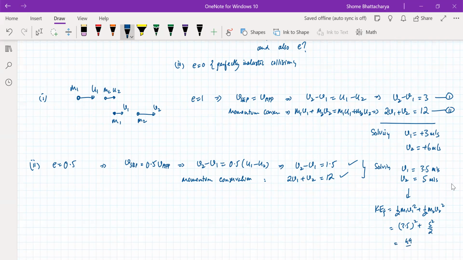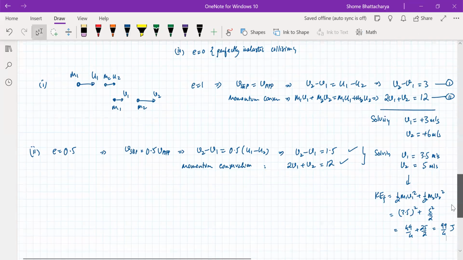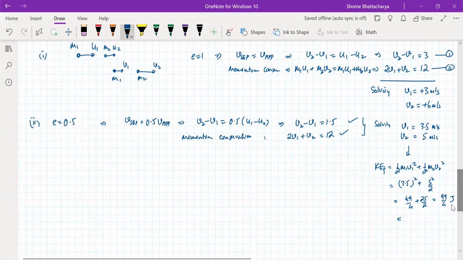So that is 49 by 4 plus 25 by 2. That we can write as 50 plus 49, so that is 99 by 4 joules. This is the final kinetic energy.